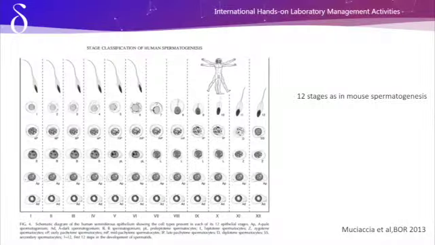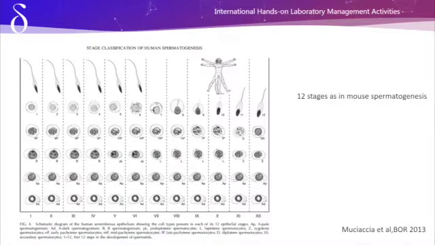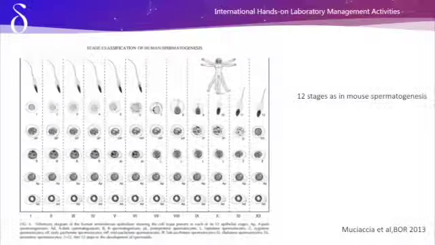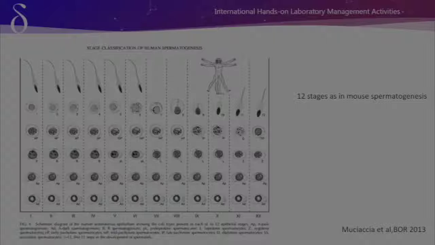This slide shows the complete spermatogenesis and the number of stages that have been recently identified in men. We know now that the stages are 12 and not 6 as previously believed, according to other studies.